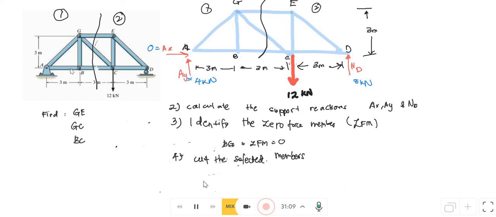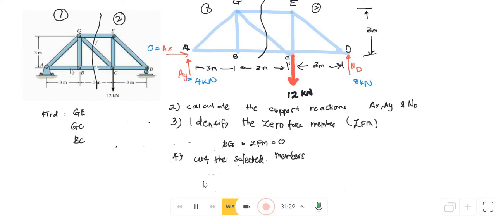So be careful. Same here, even though you have the 12 kilonewton, if you did not calculate the D value correctly for the force at the roller, 8 kilonewton here, then you also will have a wrong answer.